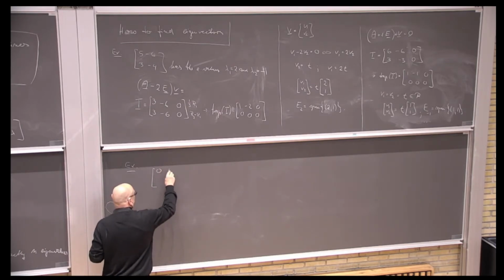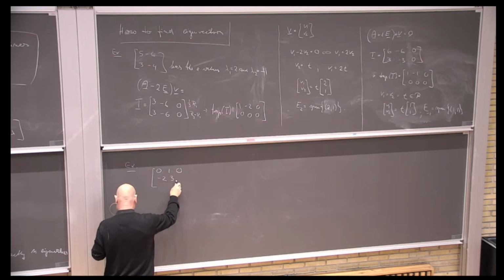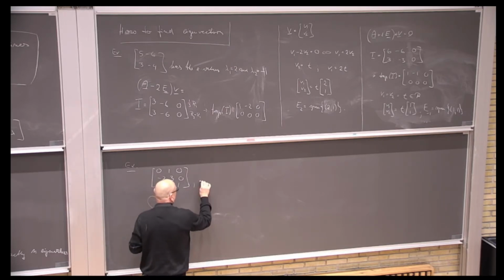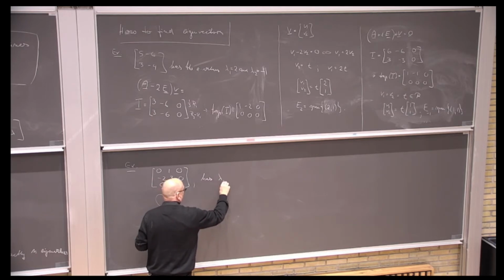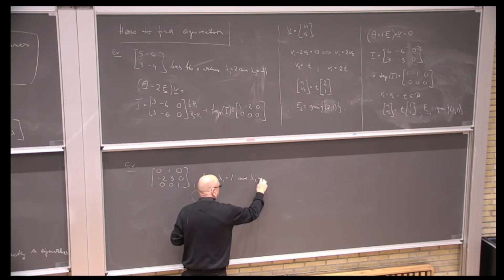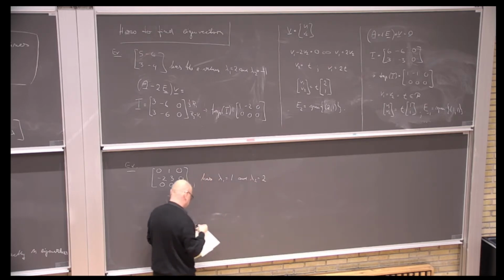The matrix has rows -2, 3, 0, 0, 1. It has lambda 1 equal to 1, and the other eigenvalue is 2.